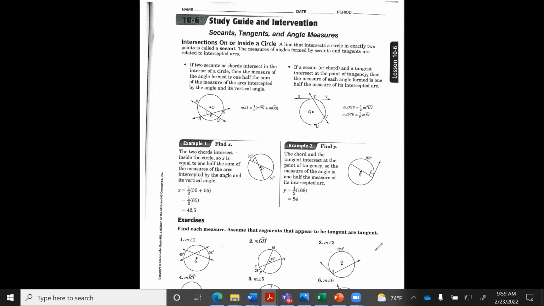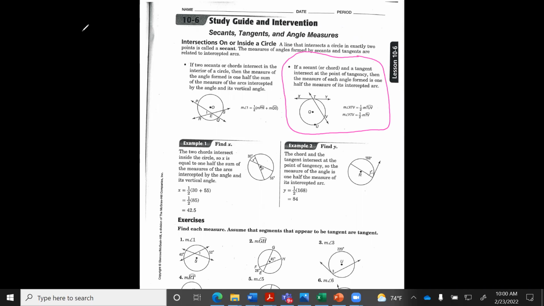Okay, so on this one that says 10-6, we have a couple of important ideas on the front. Now, the first one here, where we have an angle on the circle, is very similar to something we already did.